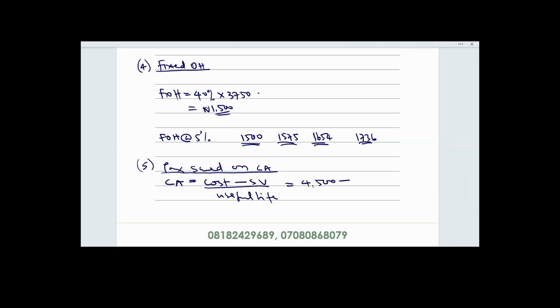The scrap value of the asset that is disposed is 600,000. We are told that the project is disposed of at 24 million naira to some young investors. The examiner told you that the plant and machinery is disposed of at 600,000 naira, which is part of the 24 million naira. So divide by the useful life of 4 years. So what do you have here? 3.9 divided by 4.